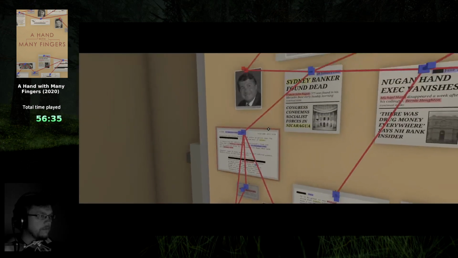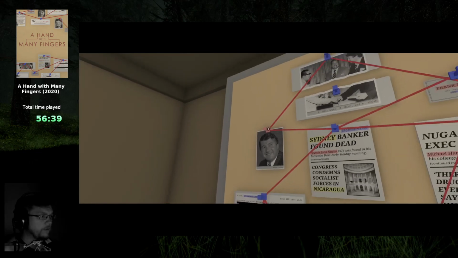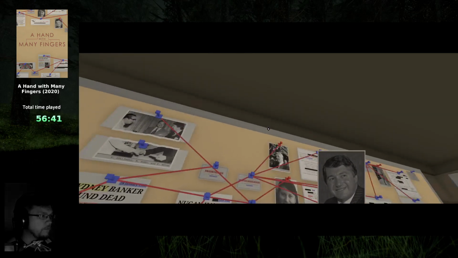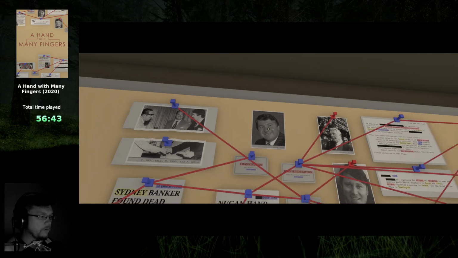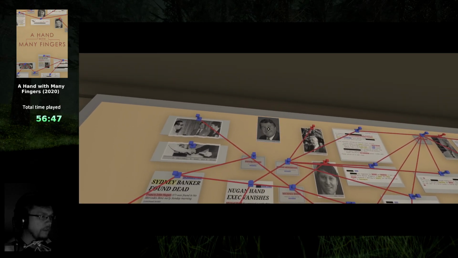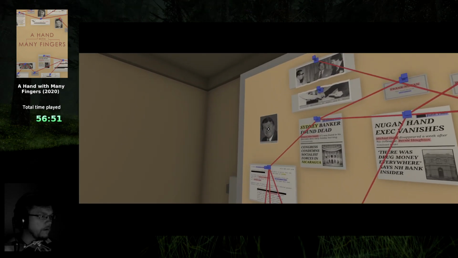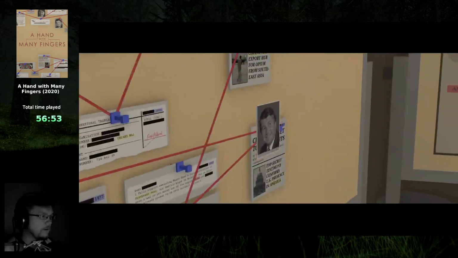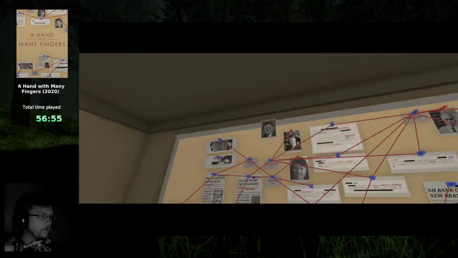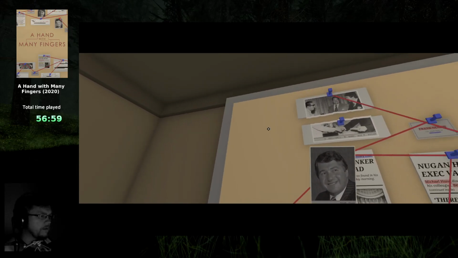So do I not have Nugan's business card? Yeah, I do. Where do I have? I have that there. That over there, where it belongs. Why can I not put it there? What? I can't put it down anymore. There we go. The fuck was that?